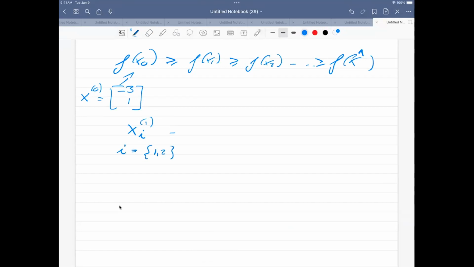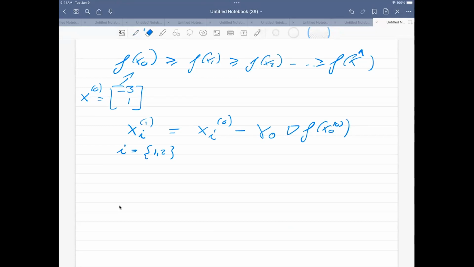This is given by x of i, and the term which we have, the first iteration we would do, contains a gamma 0 multiplied with the derivative of the function evaluated at x0.